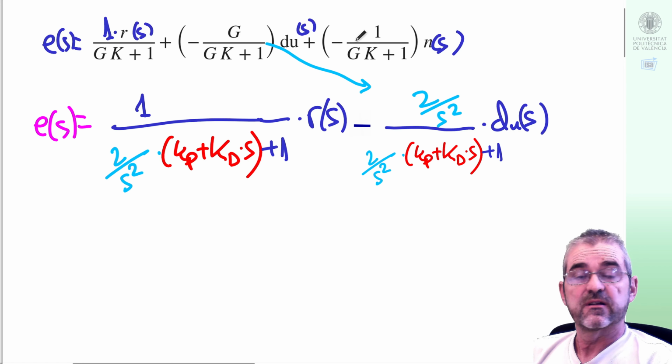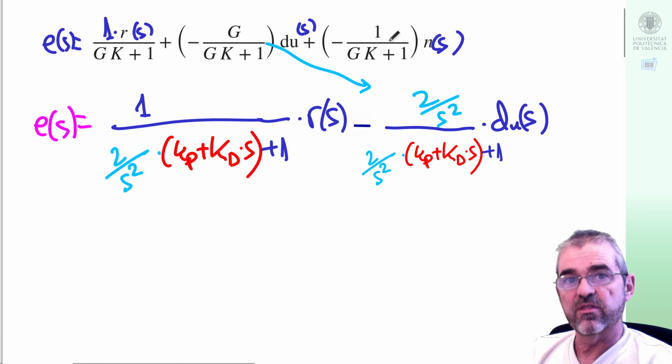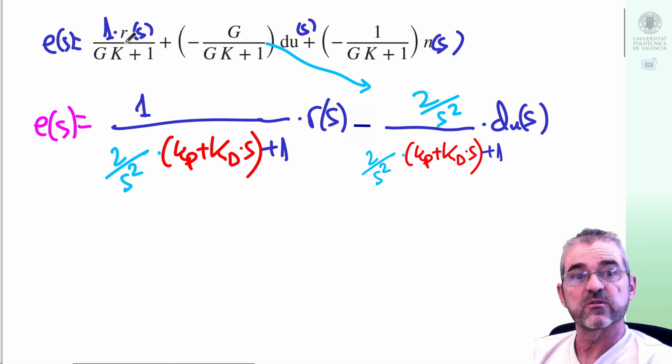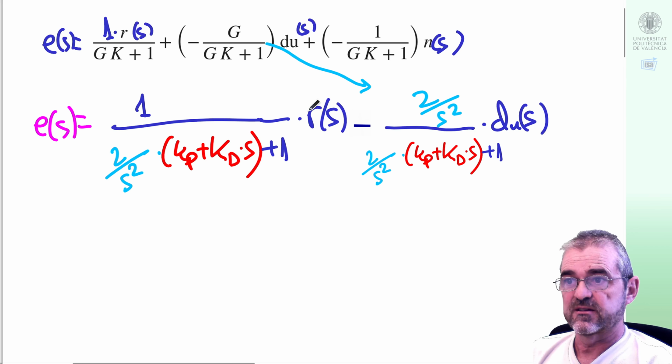I will not write the equations regarding the measurement noise because usually measurement noise, if my sensor is good, should be a small thing, and also this transfer function that multiplies n will be exactly the same as that which multiplies R. So whatever we can say about the properties of this piece will be identical with respect to measurement noise, and we assume that measurement noise n will be much smaller than the set point value, 2%, something like that.